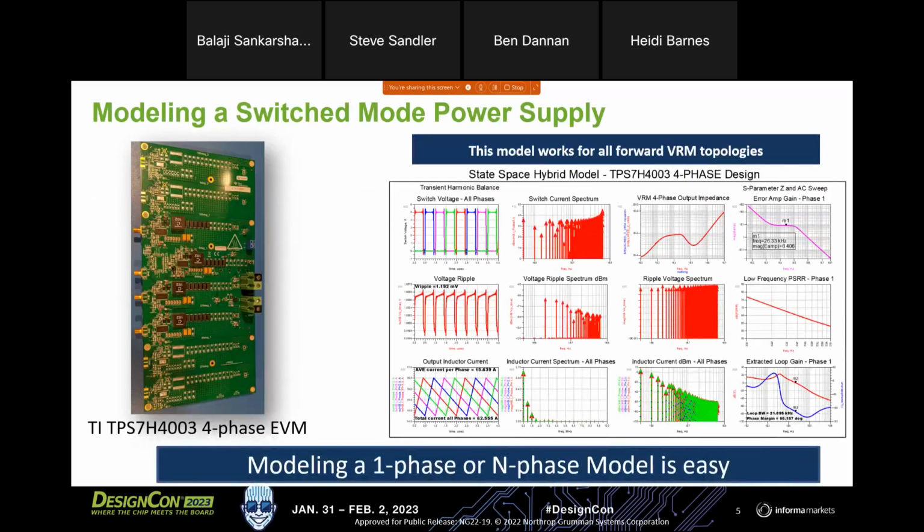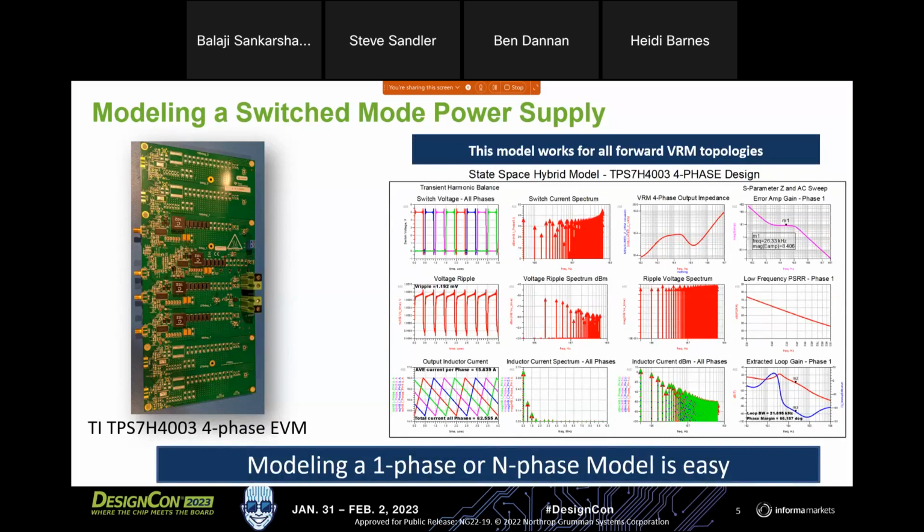So here, obviously, when you model your power delivery network, the power supply is a major component in the delivery of power to your load. And so it's very important to be able to see the DC to DC converter switching noise, and make sure that that power supply is stable.